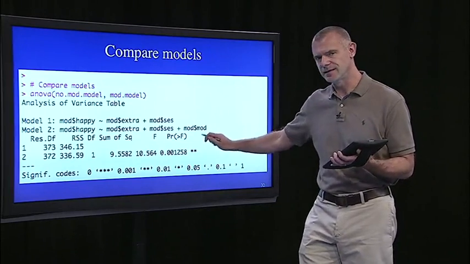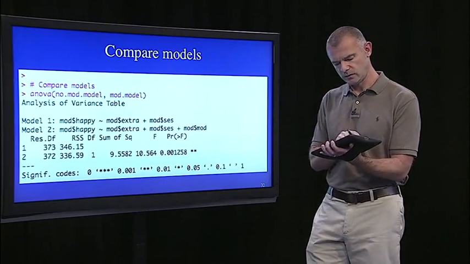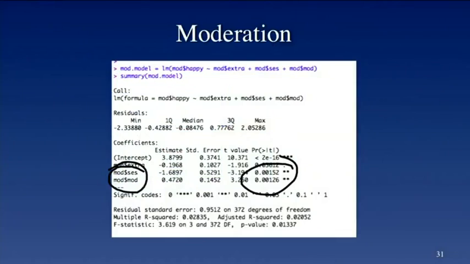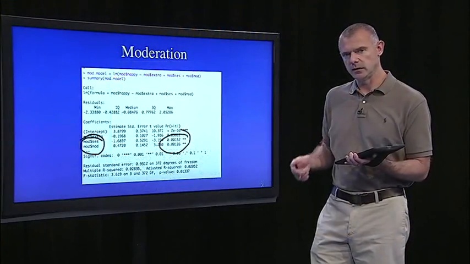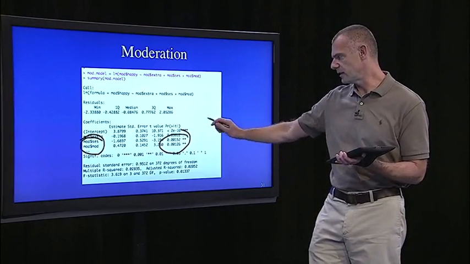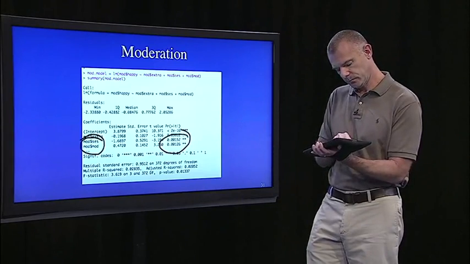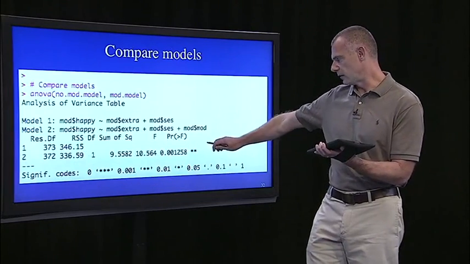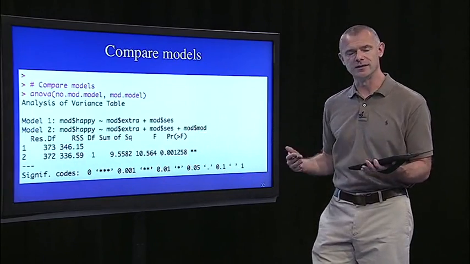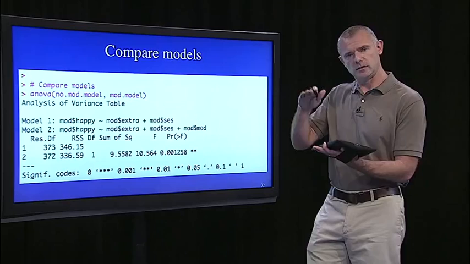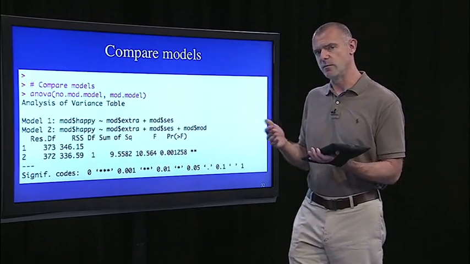But if you notice, it's the same exact p-value as you saw from that one added predictor. Because all I did was add one predictor, the product of extroversion and SES. So the p-value associated with that t-test is 0.00126. And the p-value associated with this F ratio is the same exact thing, because we're testing the same exact contrast, or the same comparison.